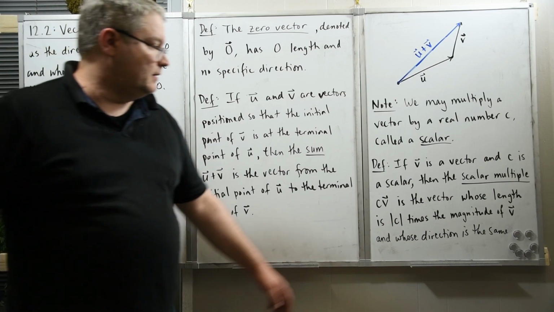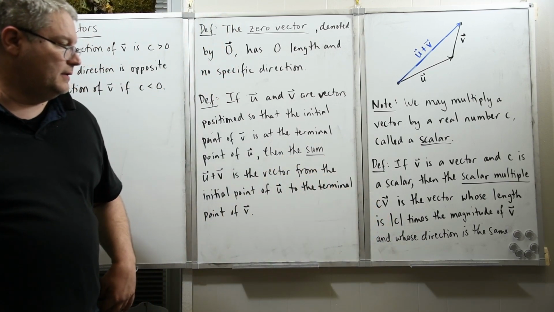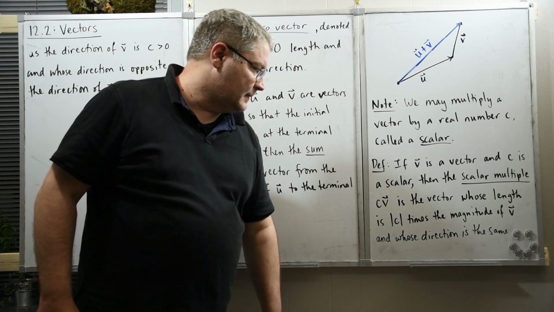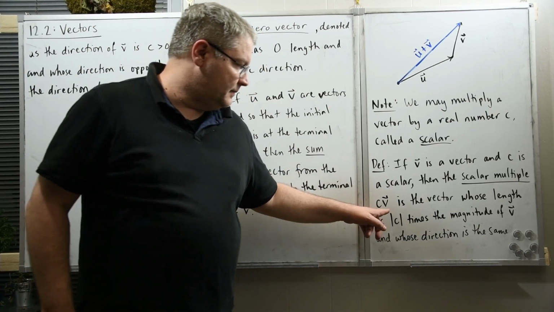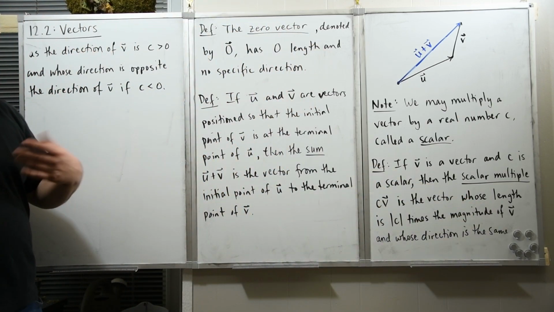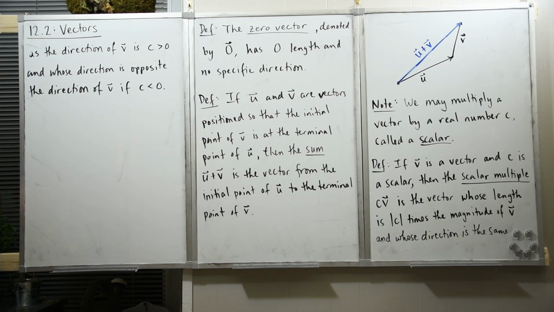Alright, so once again, the length of cv is going to be the absolute value of c times the magnitude of v. And cv and v will have the same direction if c is positive, and opposite directions if c is negative.